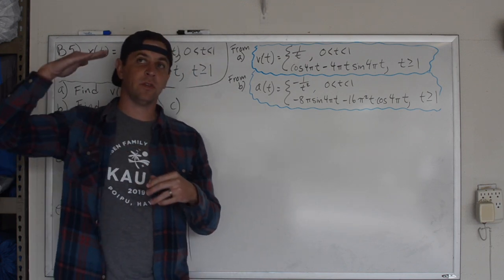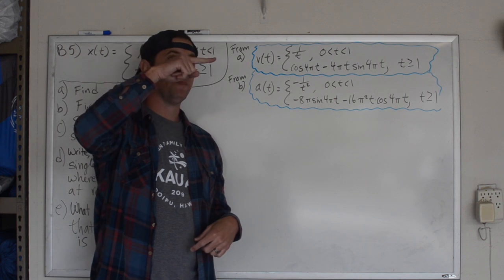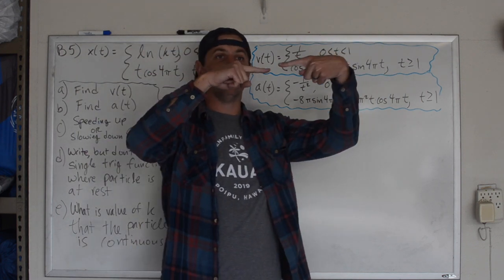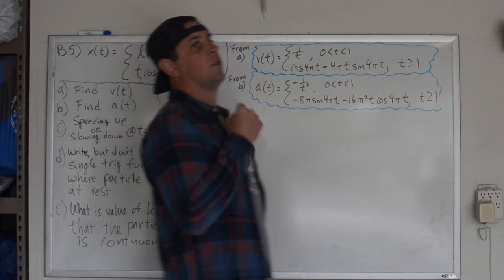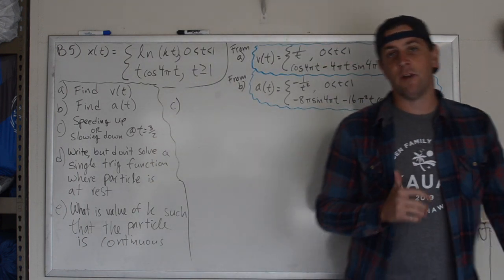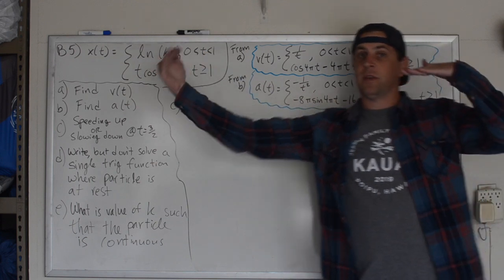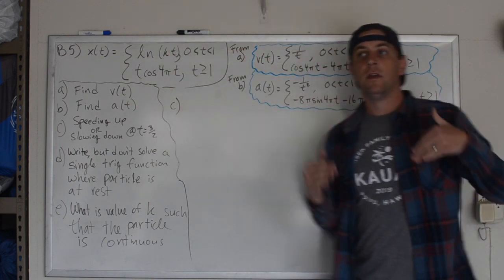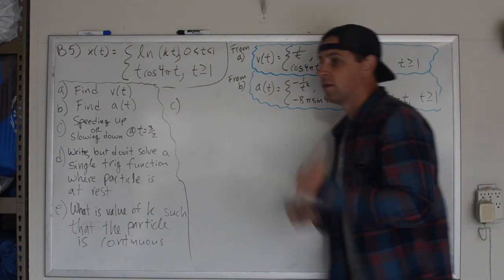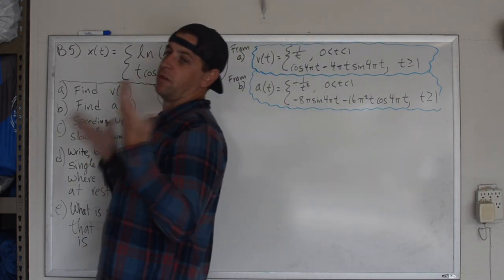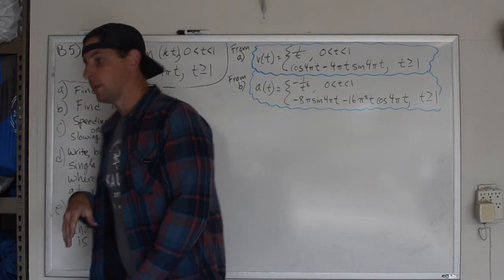So if my velocity is positive, like I'm going this way, but my acceleration is negative, that means I'm going this way, but I'm slowing down. And then vice versa, if my velocity is negative, but my acceleration is positive, then again I'm slowing down because I'm going this way, but I'm slowing down because the acceleration is pushing me back.